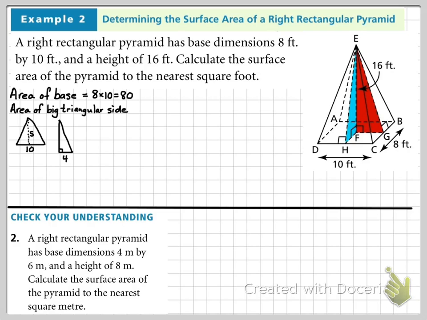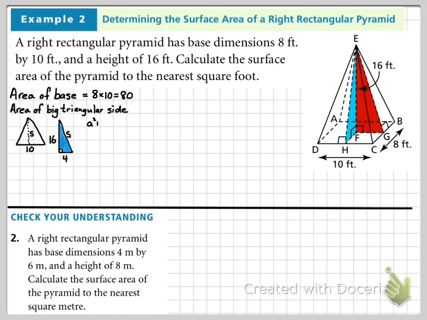This is going to be the blue triangle that we're figuring out now. And notice that the blue triangle is going to have a base of 4, which is halfway across the 8 side, and that means that the height is going to be 16.